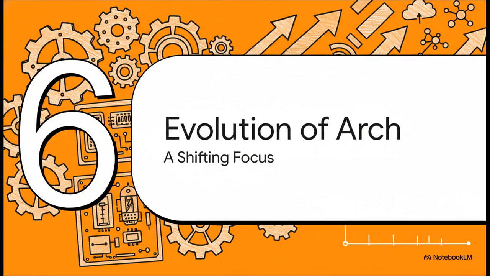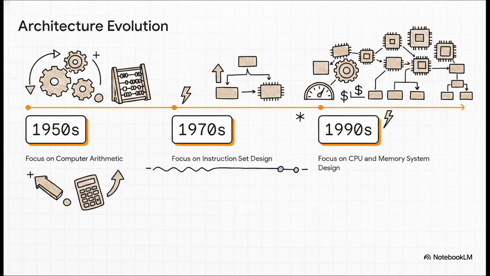Section 6, Evolution of Architecture, a shifting focus. Now, if we rewind back to the origins, like John von Neumann's stored program computer in the 1940s, the very definition of architecture has continuously shifted. Why did this happen? Well, in the 1950s and 60s, just making a machine do complex math without breaking was practically a miracle, so the entire focus was on computer arithmetic.